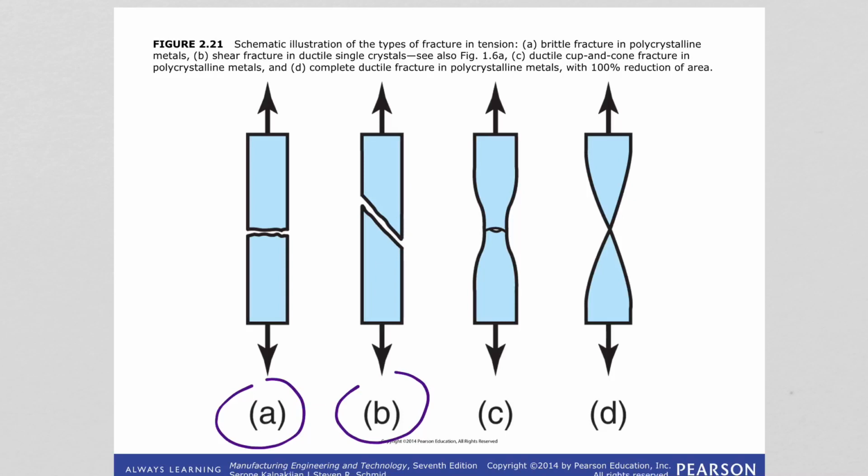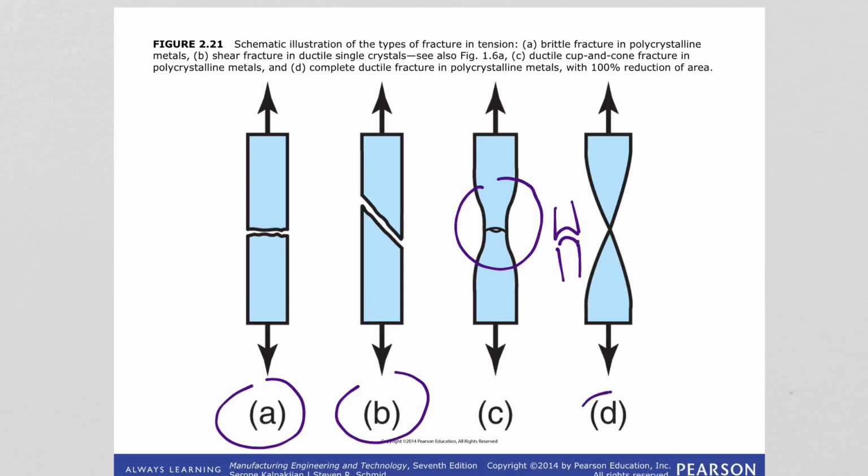And C, most metals and alloys experience first necking, as you can see here, before they fail. And this is actually called cup and cone fracture in ductile materials, the cup and the cone fracture. Okay, so it looks like that.